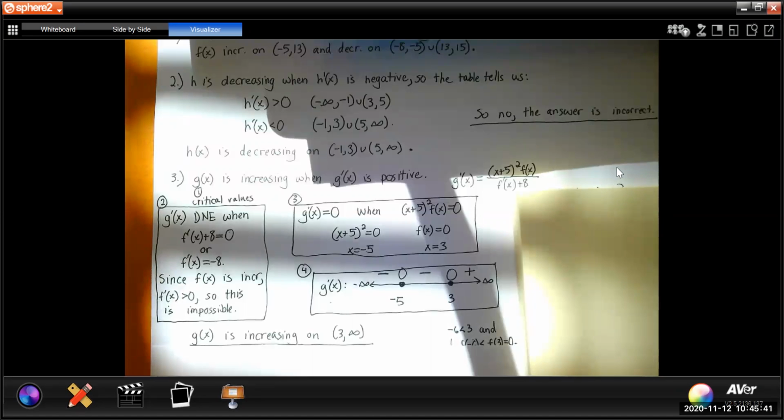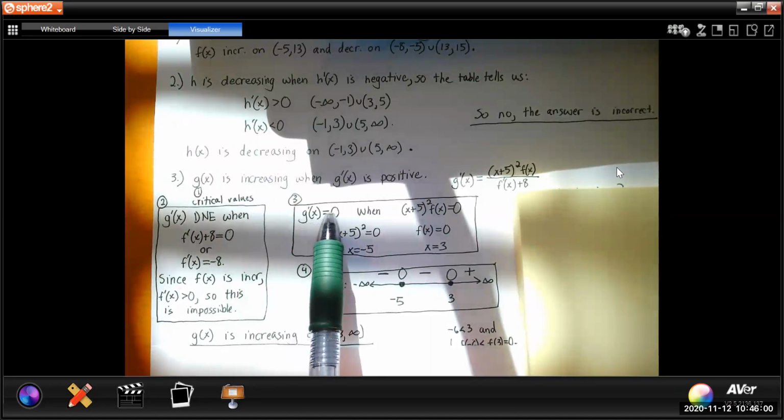So when I do a critical value investigation, what I'm doing is I'm finding every single x value of g prime where the output does not exist, is undefined or something like that. That's what that means. Or is 0.